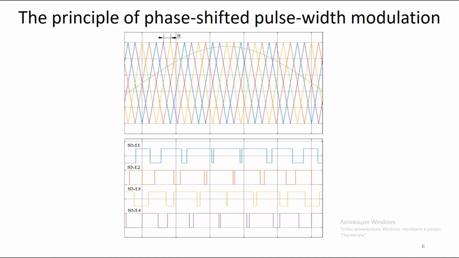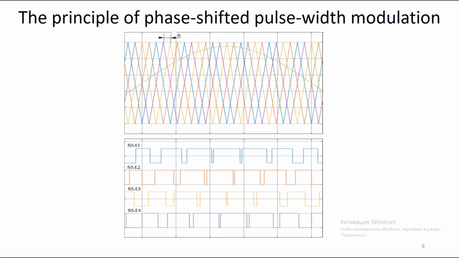The parameters of the simulated converter are given in this table. On the slide I present the simulation results of the modular multilevel inverter with a shift of carrier signals by 2π/N. The shape of the output voltage has a clearly visible number of levels, which corresponds to the number of modules in each arm of the converter.